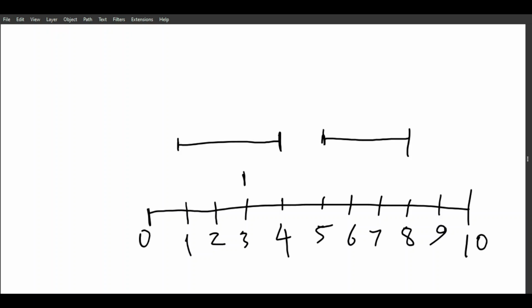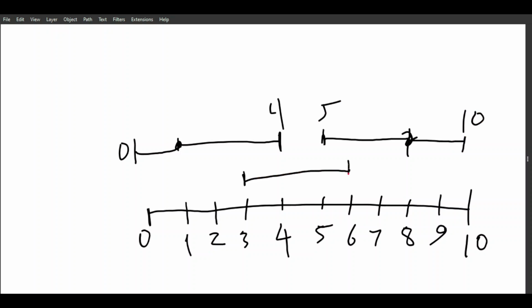We can make this larger: one from 0 to 4, a second one from 5 to 10, and this from 3 to 6. So this is a counter example for the second heuristic.